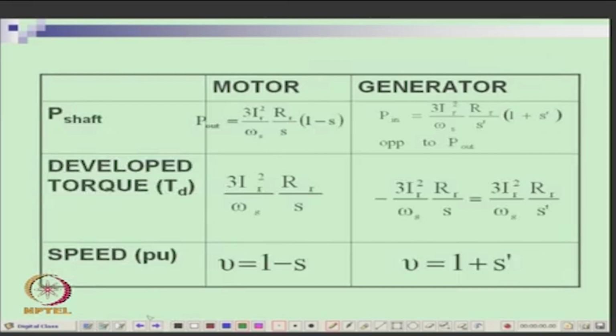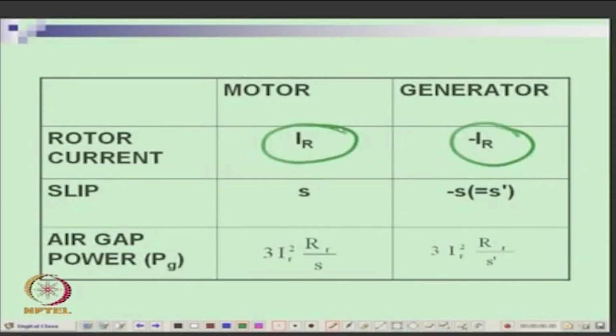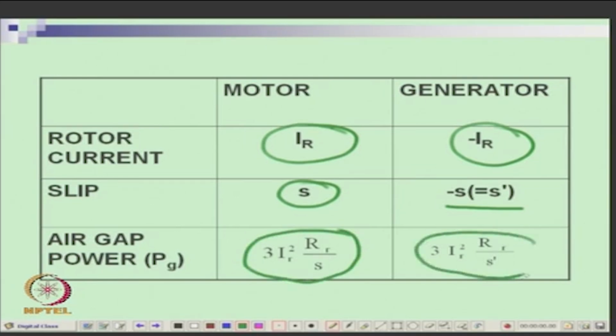Right. Now, rotor current IR here, generator it is minus IR here, okay, IR and minus IR. Then slip is S here, this is minus S here, this is opposite, that is our S dash you can say. PG air gap power is 3 times IR square RR by S, and this is 3 times IR square RR by S dash, right, which is opposite to this, okay.